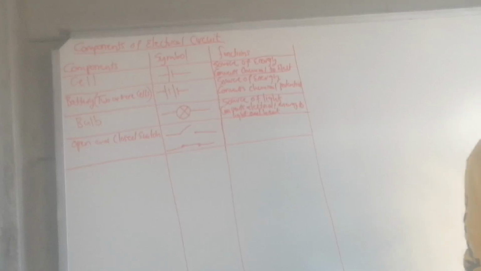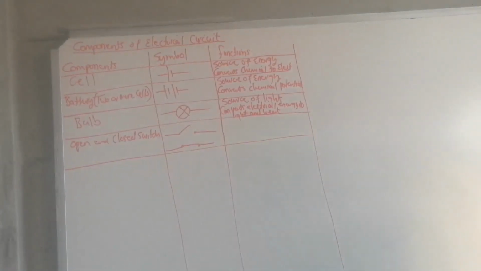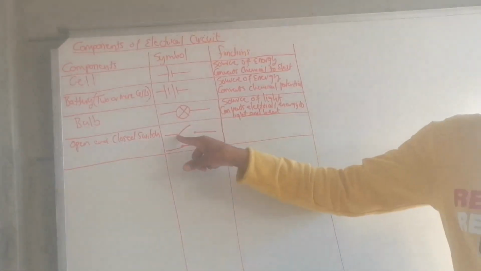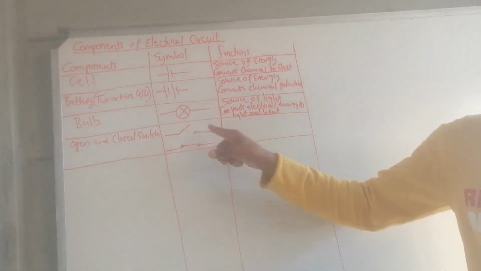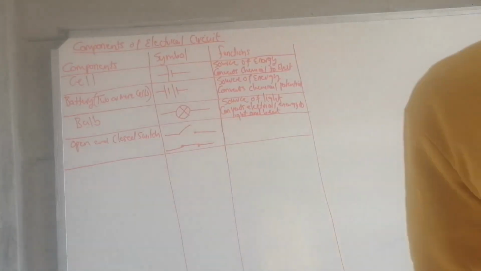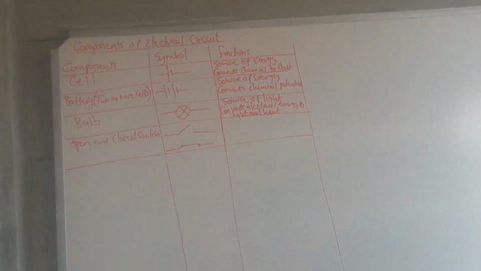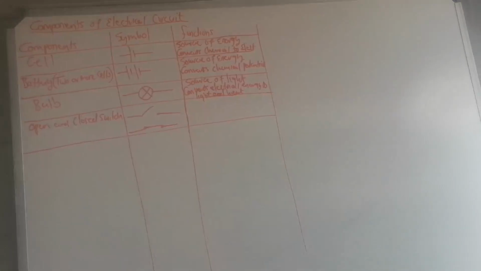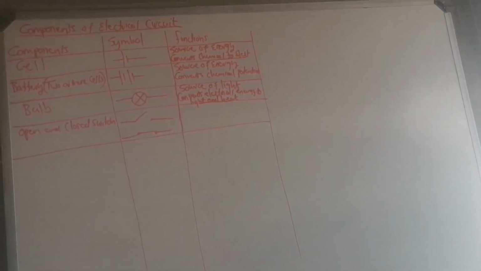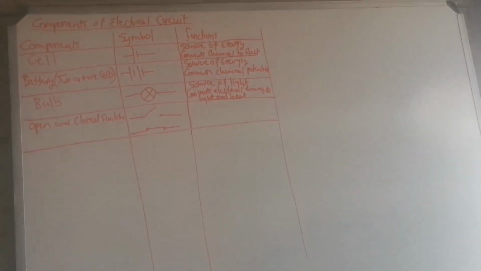This would denote a closed switch. And the circuit is not complete. Again, the electron that moves from this side cannot jump to the other side because there is a barrier. As a consequence of that, the circuit is not complete. There will be no source of energy flowing in the circuit.